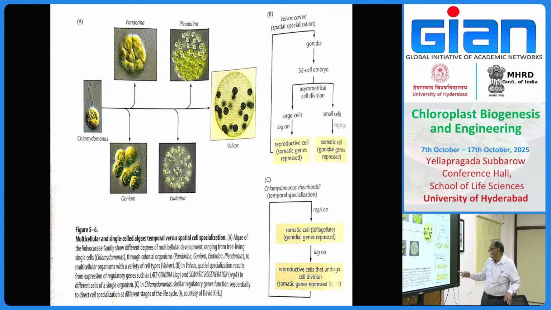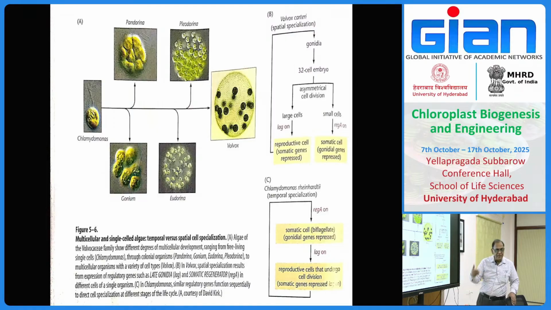What happens? RegA is on, the reproductive cell or gonidial gene is suppressed. Lag is on, reproductive cells are expressed, and somatic cells are suppressed.